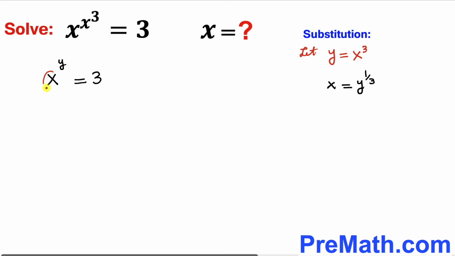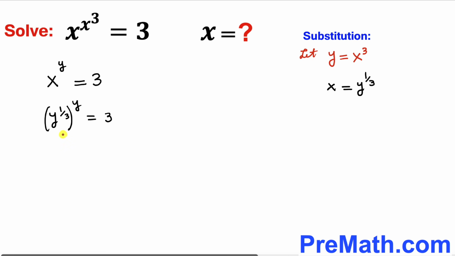Here our base is x, and we know x could be written as y power 1/3. So I can replace this x with y power 1 divided by 3. The left hand side is going to become y power 1 divided by 3, whole power y, equals 3. Now we are going to manipulate this equation further.